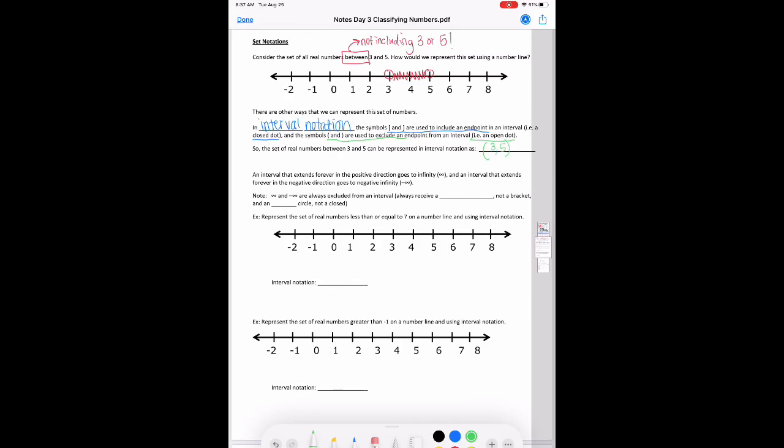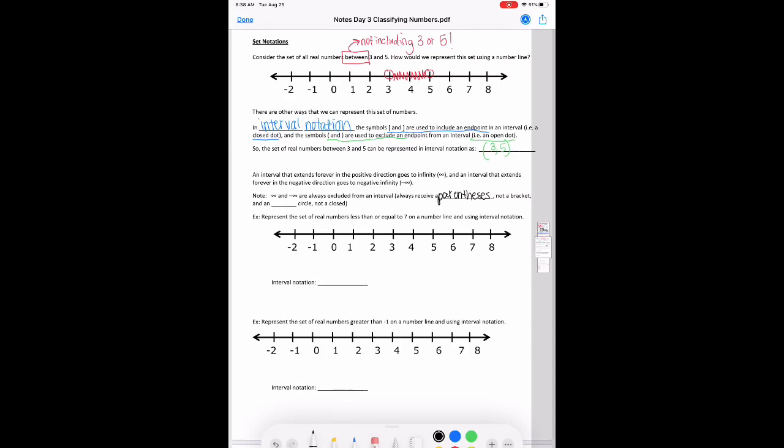Okay. An interval that extends forever in the positive direction goes to infinity, and if it's in the negative direction, it's negative infinity. And know that infinity and negative infinity are always excluded from an interval, meaning they always receive a parenthesis, not a bracket.